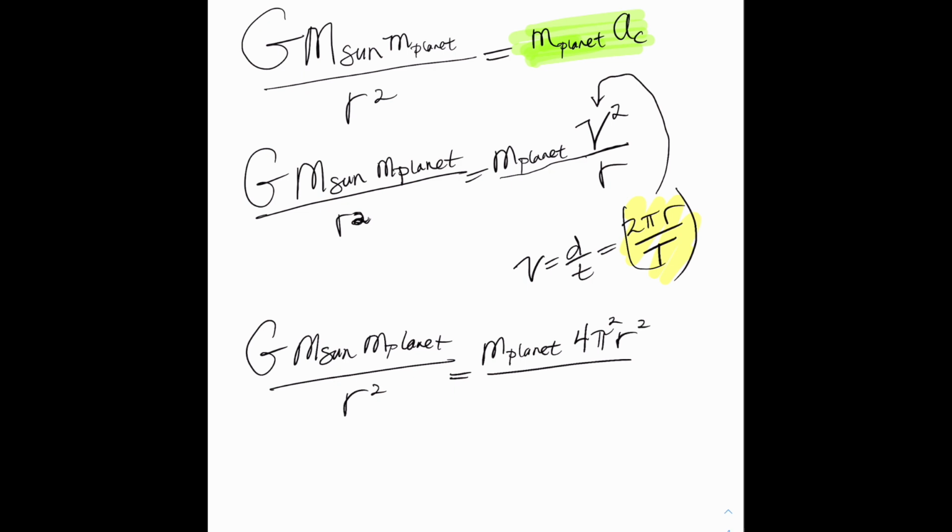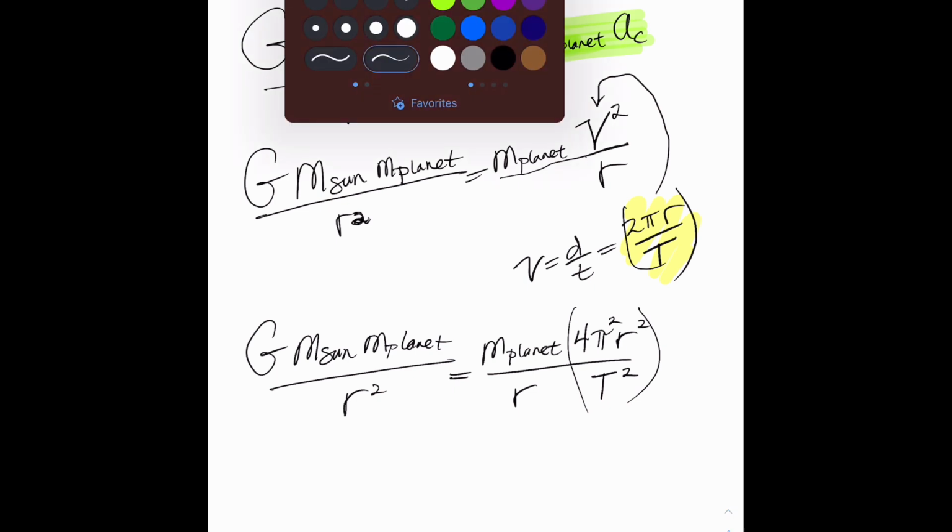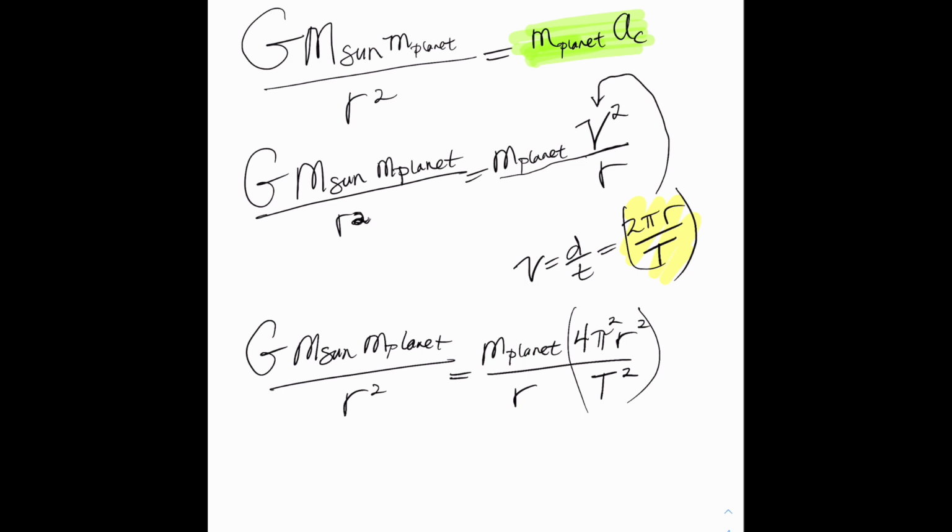The T has to get squared, period has to be squared too, and we have this r hanging out on bottom from before. So this is the v that got squared. All right, right there. Okay, so now let's get that red marker out. Let's do a little canceling.